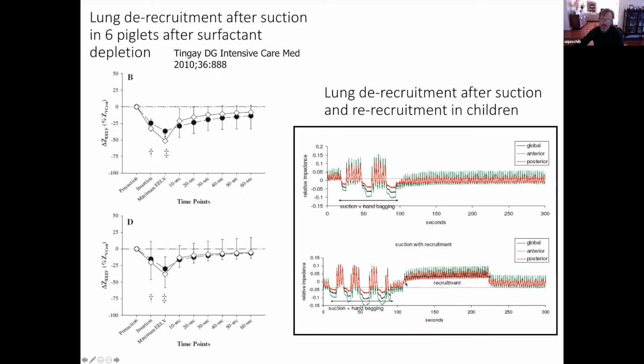And if you do a simple recruitment maneuver by just doubling the PEEP after reconnection, you regain or even improve the lung volume after suctioning. So in our current practice, we do perform a very simple lung recruitment maneuver: we double the PEEP for 3 minutes after disconnection and go back to the previous PEEP level just to maintain lung volume.